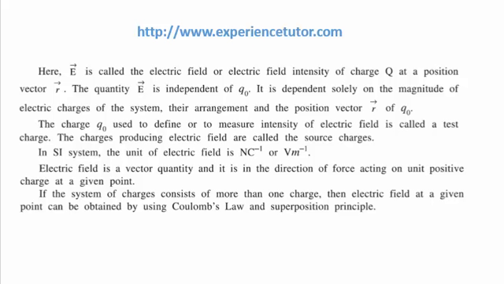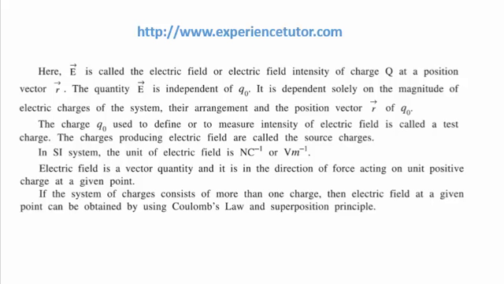The charges producing electric field are called source charges. In SI system, the unit of electric field is Newton per coulomb or V per meter. V is the potential difference.